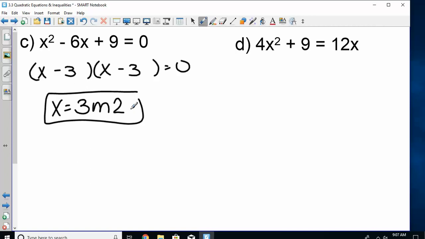Okay. Looking at B. What do I need to do? Okay, so now I have it equal to 0.